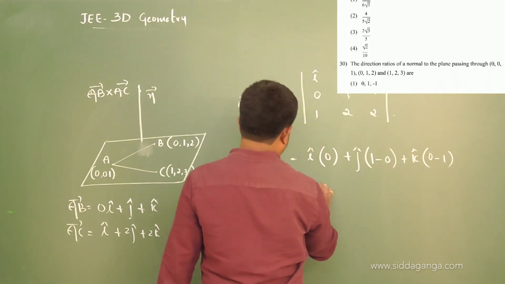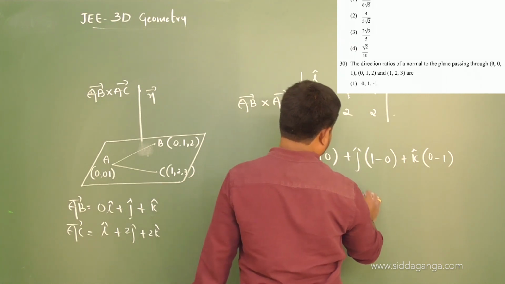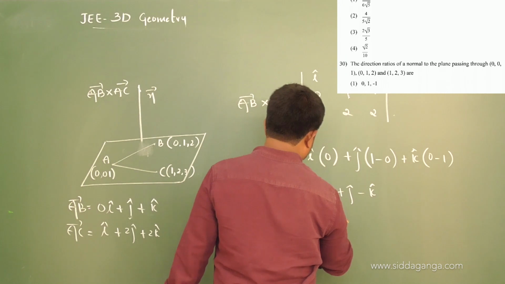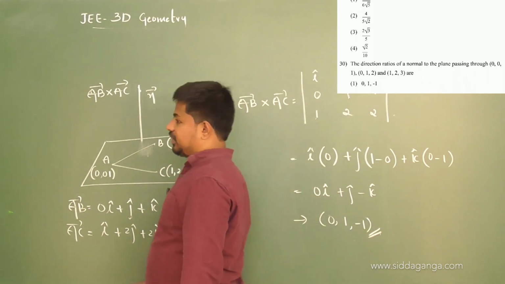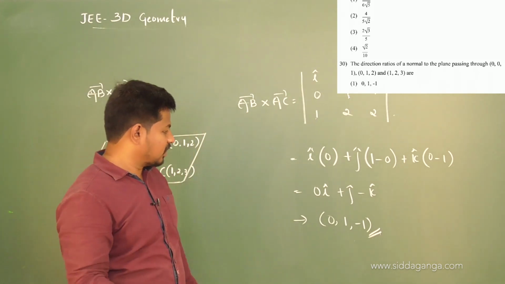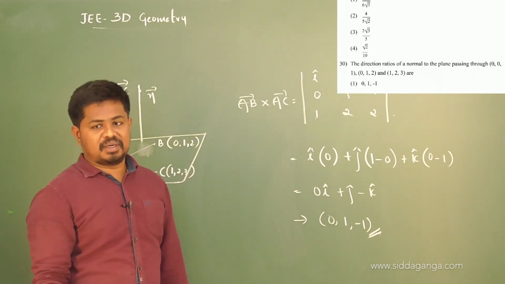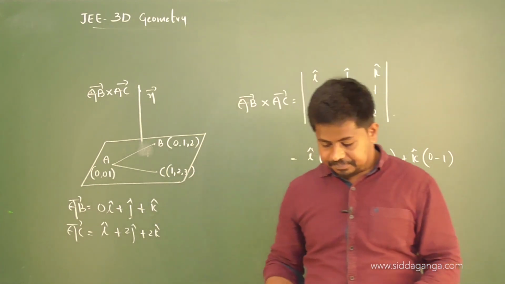So you get 0 i cap plus 1 j cap minus k cap. So the ratios of the normal are given by 0, 1 and minus 1. These are the required ratios of the normal, since n cap is in the direction of AB cross AC. You mean the first option is the correct one: 0, 1, minus 1.